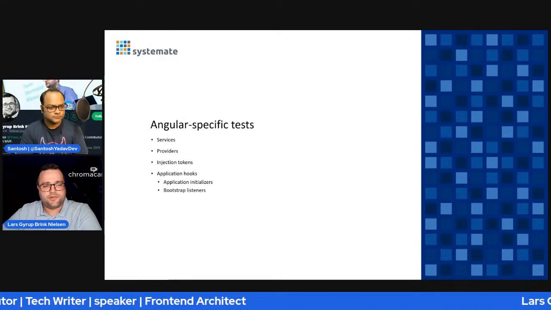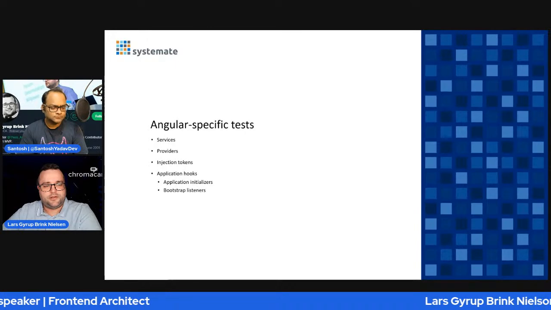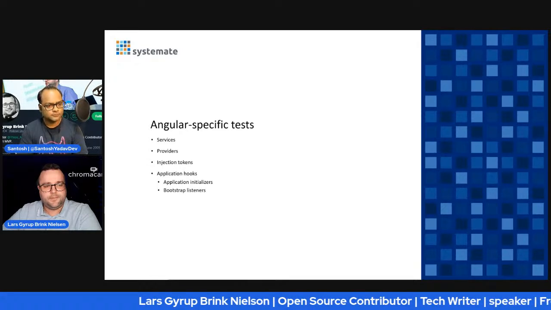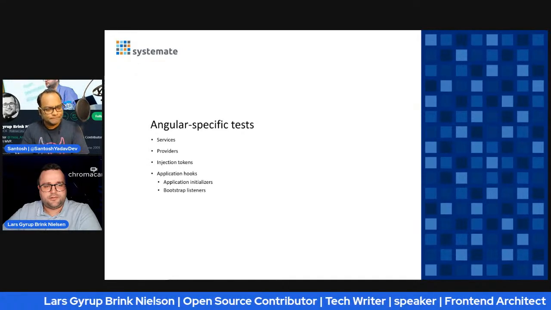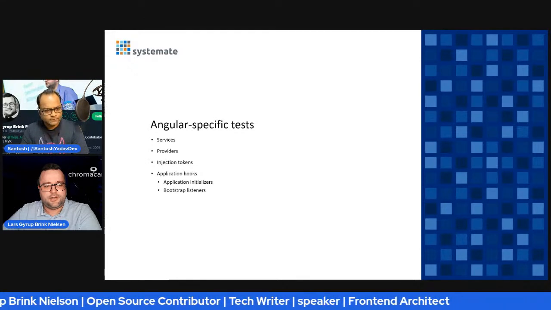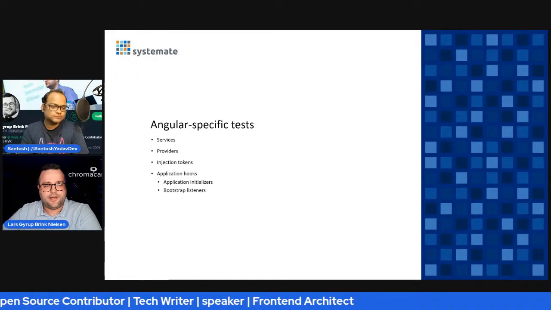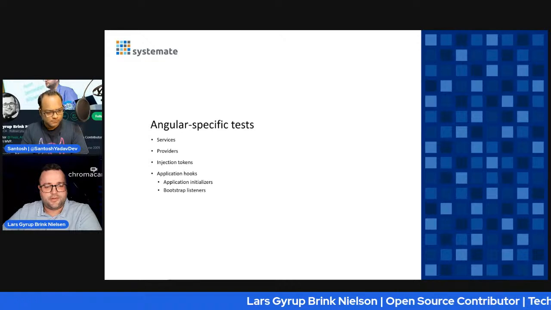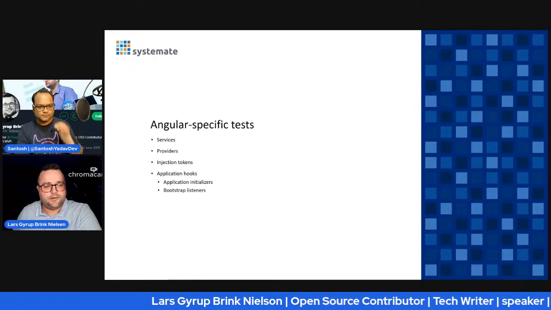They are also representing dependencies, for example, browser APIs, so that you can replace them with fake APIs in the test. And finally, we have some special classes here in Angular, the application hooks. That's the application initializers and the bootstrap listeners. And they're actually pretty hard to test, but I'll share a secret solution for it later.